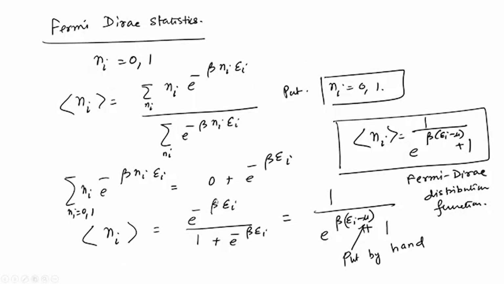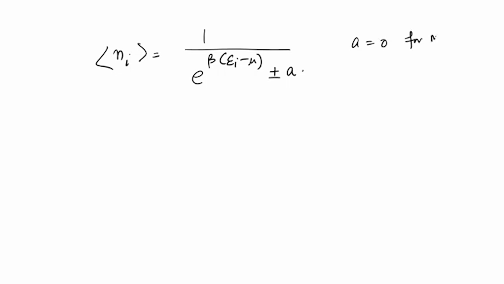and then we finally have the Fermi-Dirac distribution function, which is 1 by exponential beta epsilon I minus mu, plus 1. And so, we can write all of these distributions as Ni equal to 1 divided by exponential beta epsilon I minus mu plus a, where a is equal to 0 for the Maxwell-Boltzmann distribution, a is minus 1 for the BE distribution, and a equal to plus 1 for the FD distribution.